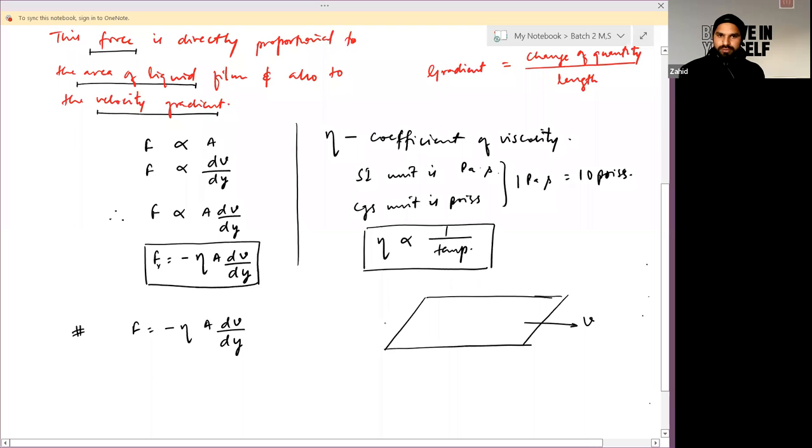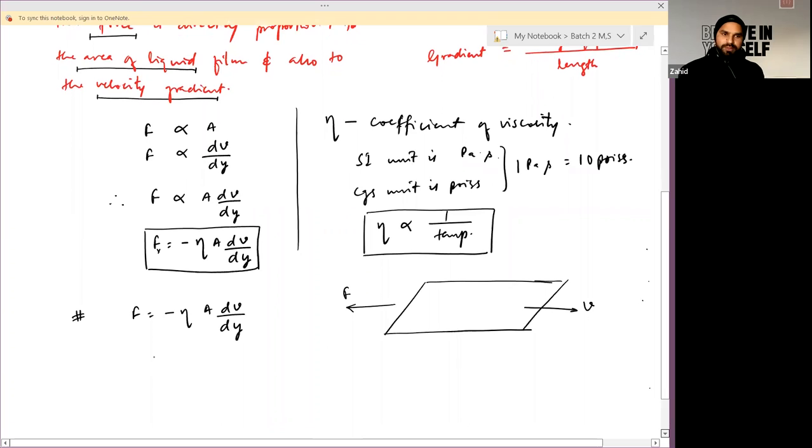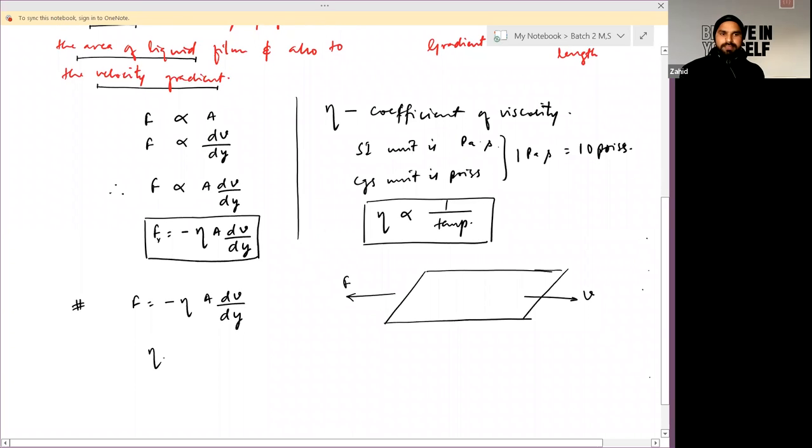So the opposing force on this adjacent layer will be tangential to it. So this force will be tangential to the surface area. So we can rearrange this equation as eta equals minus F divided by A, whole divided by dV by dy.